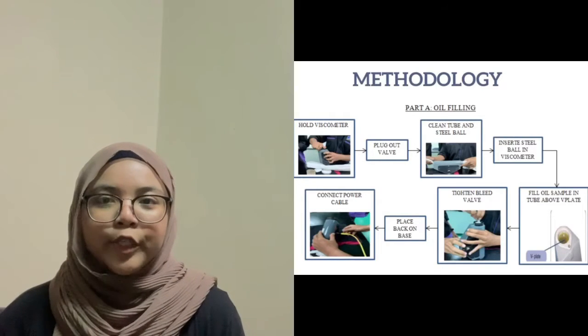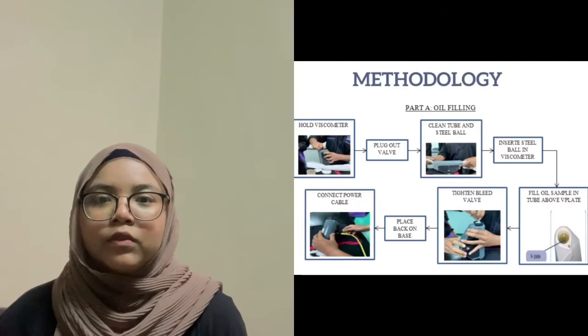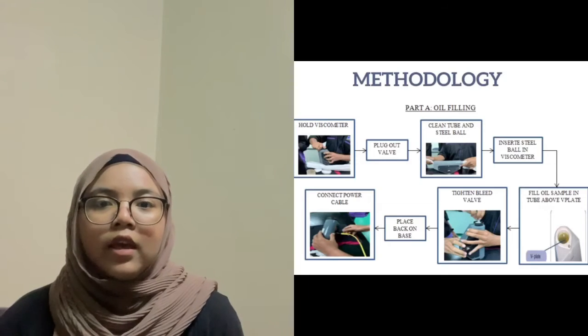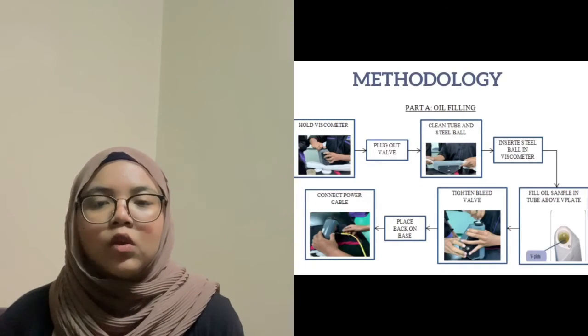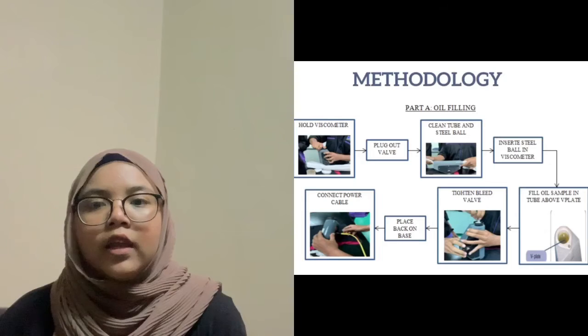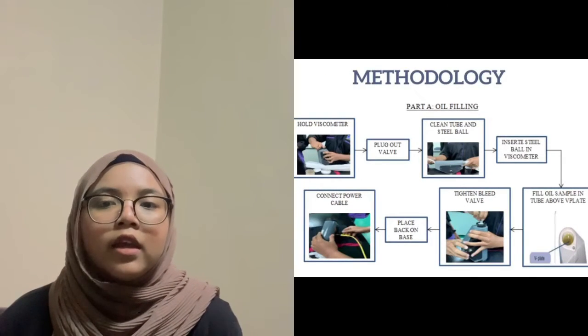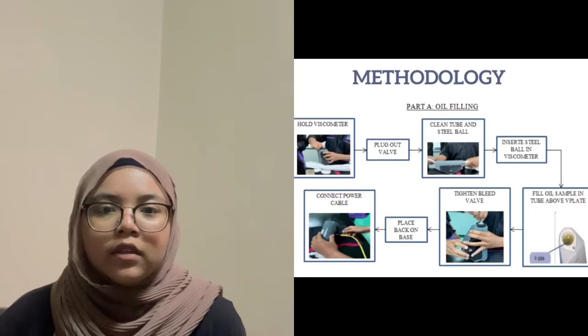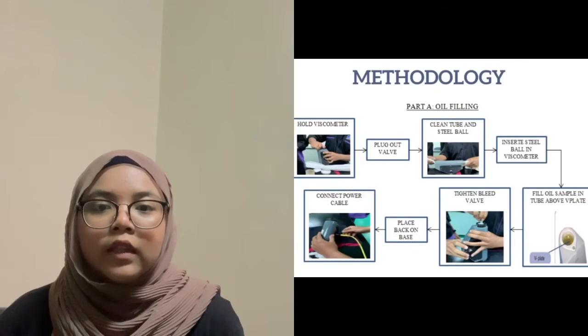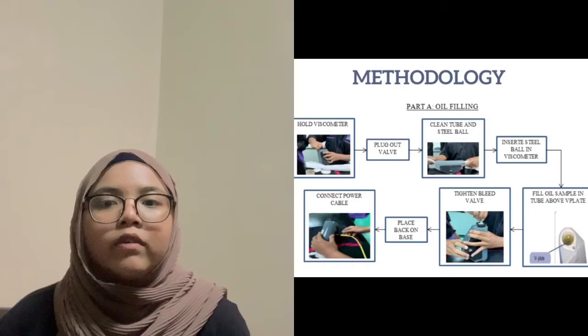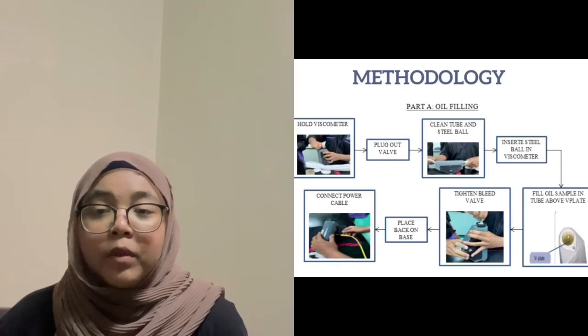Then the bleed valve was loosely fitted, and the valve was slowly pushed in and the plug rotated to let the oil bleed until all air is expelled, and then fully tighten the bleed valve and wipe out the excess oil from the plug.